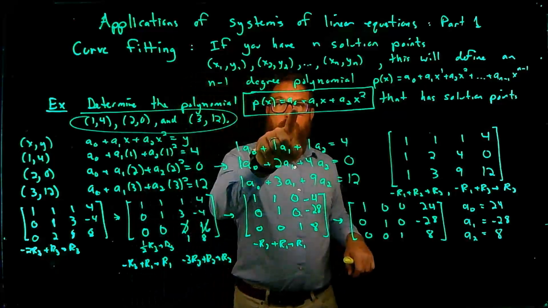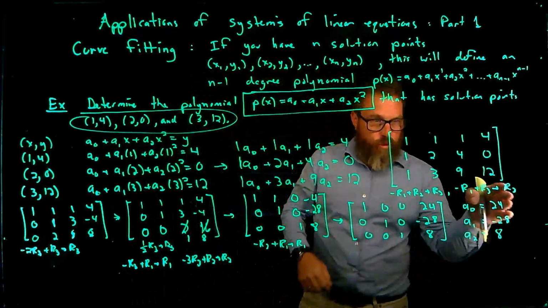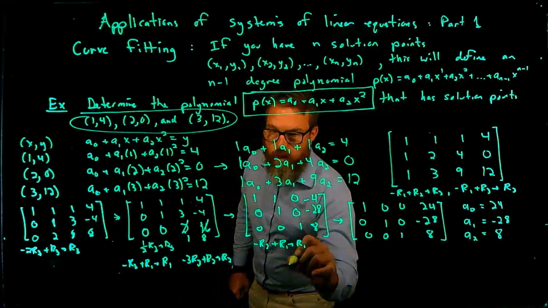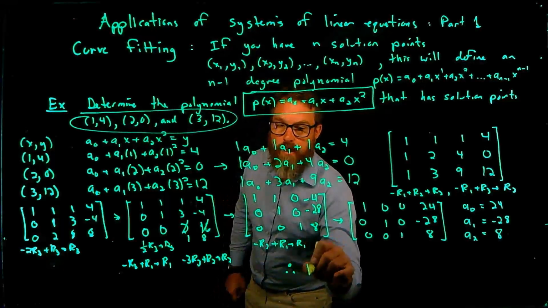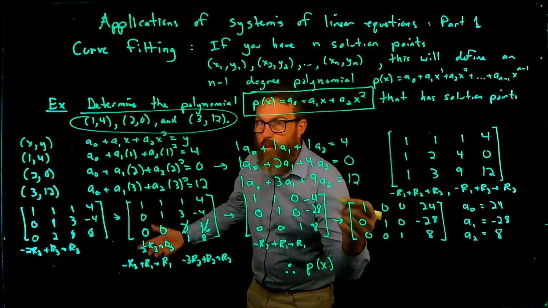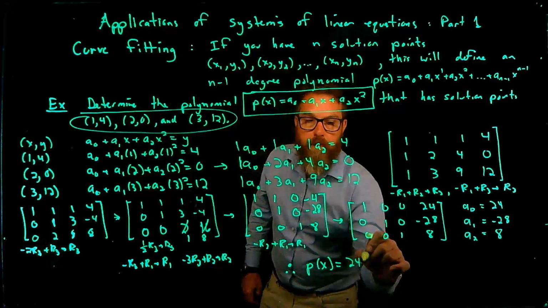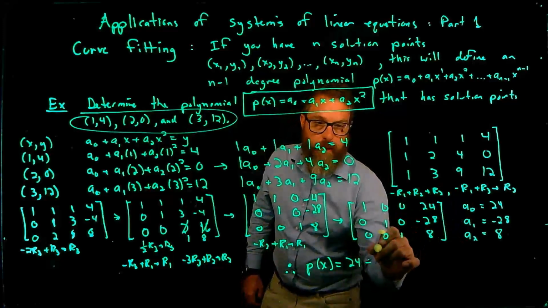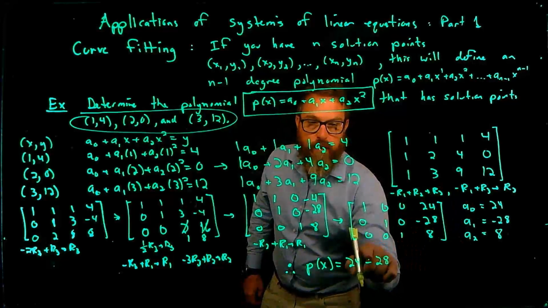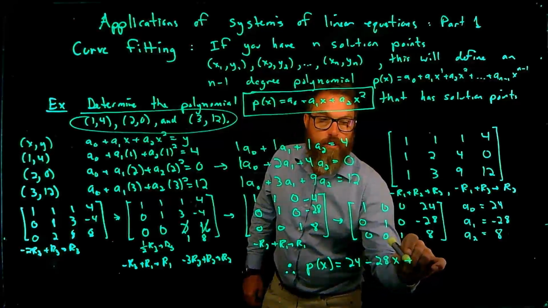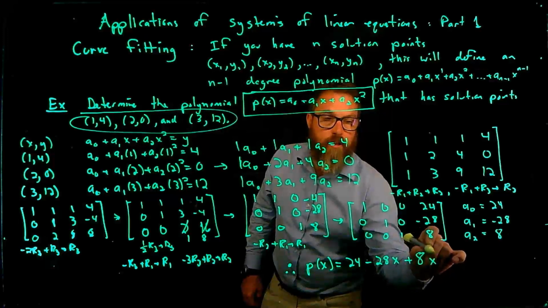And if I have the correct A naught, A1, and A2, which is right here, I know it's definitely going to pass through those 3 points. So therefore, our solution says P of x, or you can say y if you want, is equal to A naught, which is 24, plus A1, well, A1 is minus 28, so minus 28x, and then A2 is plus 8x squared.